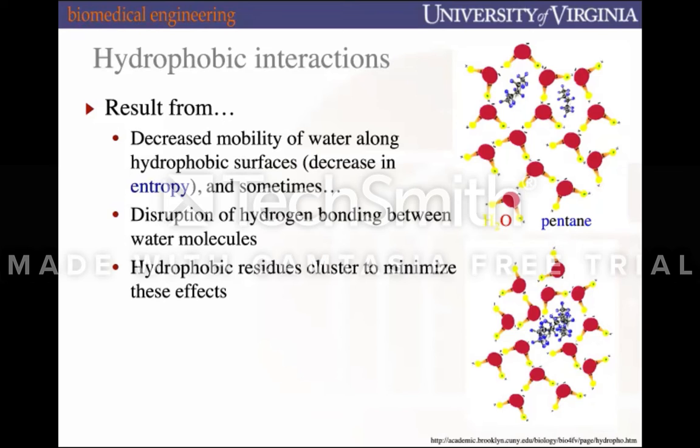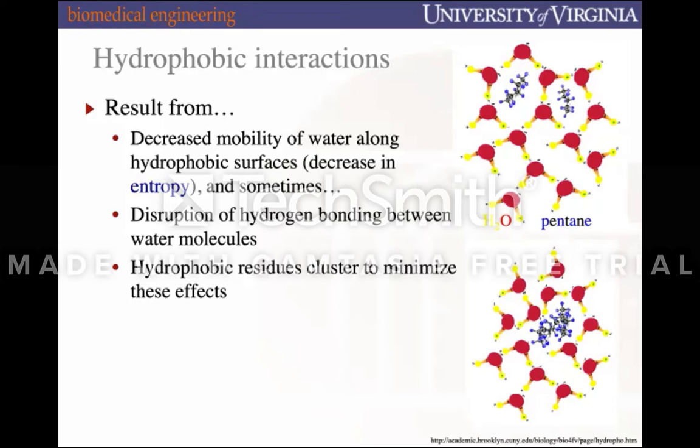And so if we took a bottle of water and added pentane to it, that's an aliphatic molecule that has no electronegative parts to it. If you shake it up within a bottle of water, what will first happen is it'll be caged off within different water molecules.